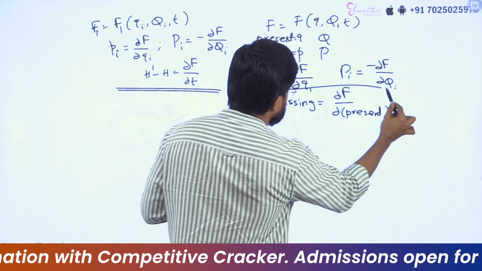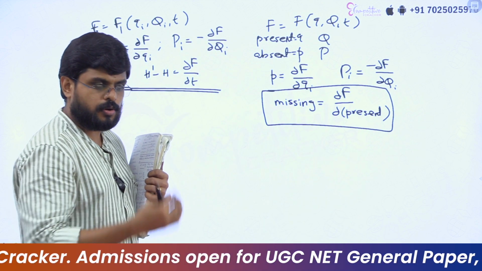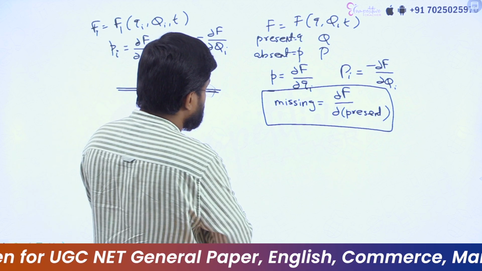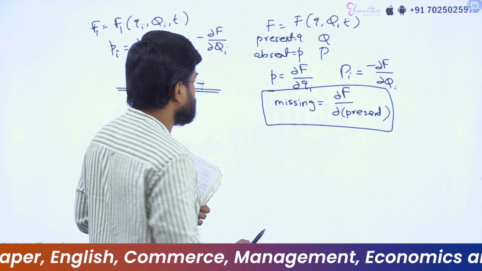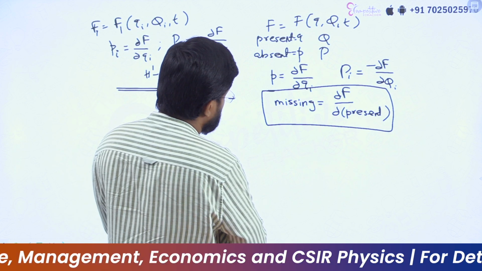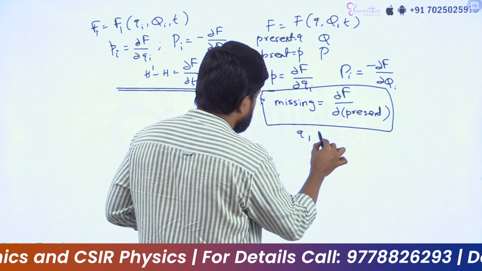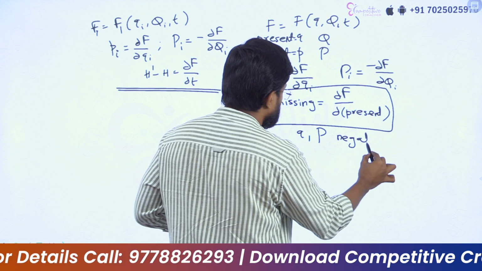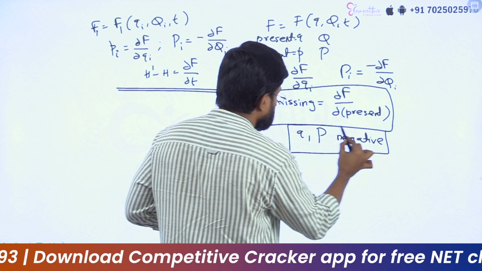Remember, missing term equals ∂F by ∂present. How to put the negative? The negative is: with missing equal to ∂F by ∂present, always put small q and capital P negative.